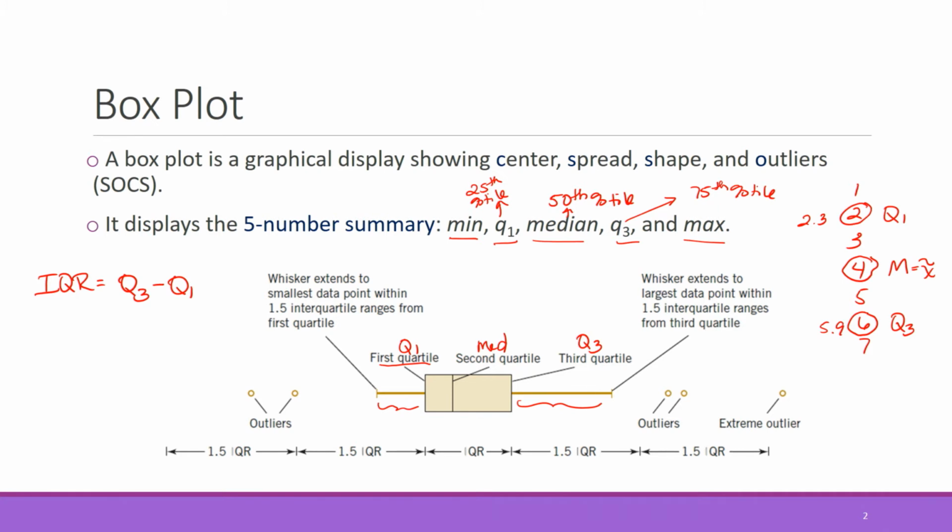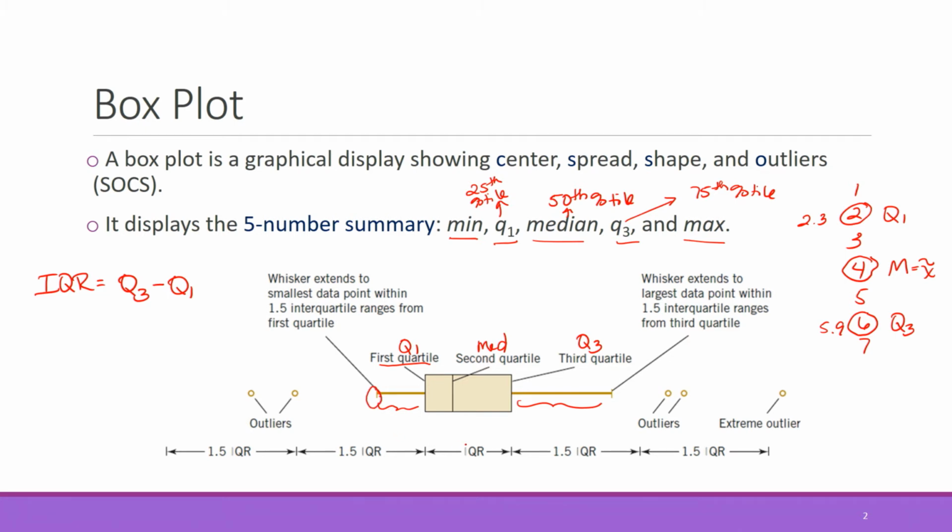That's what our interquartile range is. And so if you remember from an earlier lecture, I said that that is another measure of spread, and it's the one that we would use if we knew we had skewed data or some outliers because it basically excludes those values. So the whisker extends to the smallest data point within there. So it goes to this point right here.